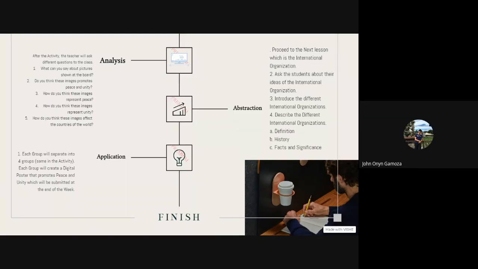This will enhance their technological skills, such as computer literacy and media literacy, and also 21st century skills that include collaboration, creativity, and so on.